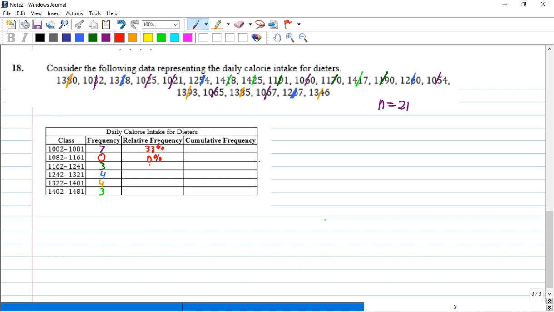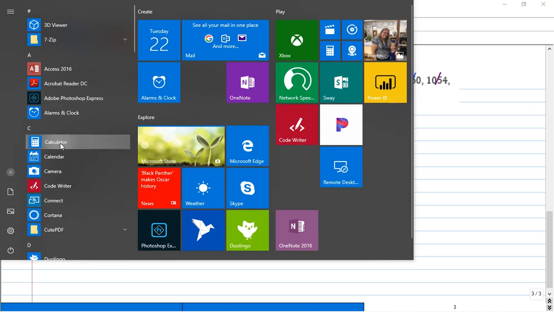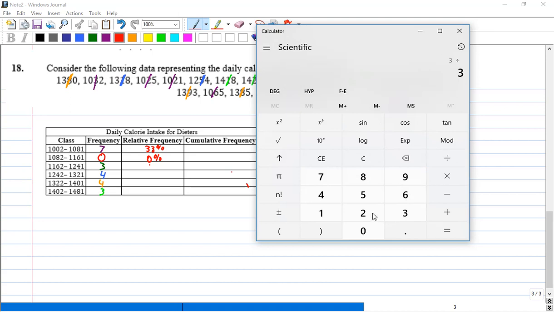Because if it wants it in fraction form, we can do that too. Okay, step 3 wants it as a fraction. We can still do that. If it were me, I would probably have it as percentages. I'm going to keep going with what I'm doing, and I'll put the fraction beside each one. So 3 divided by 21 was 14%.